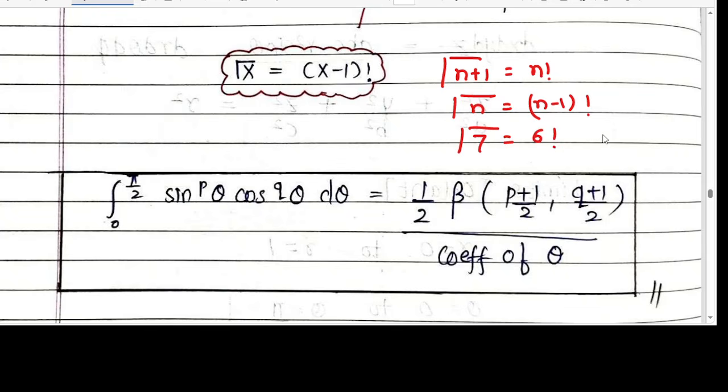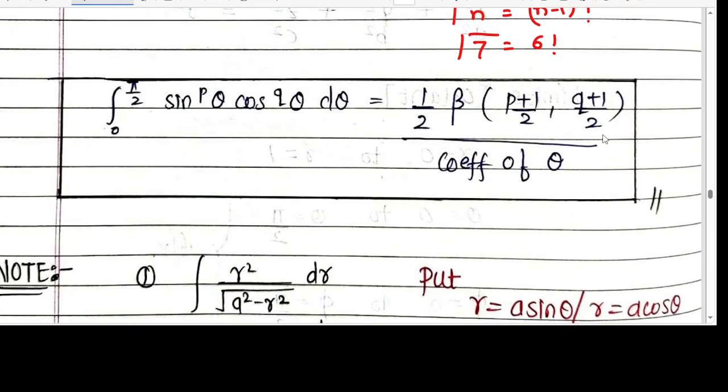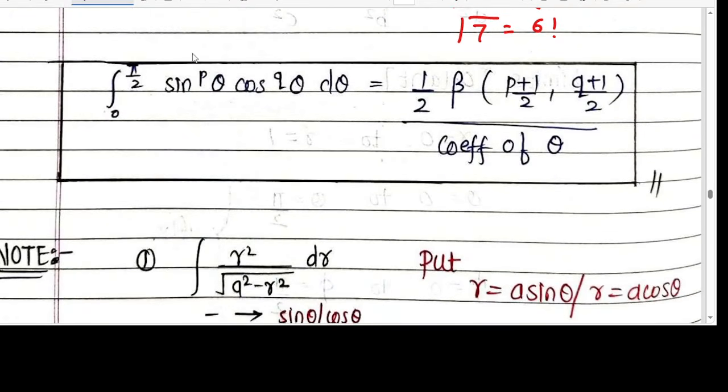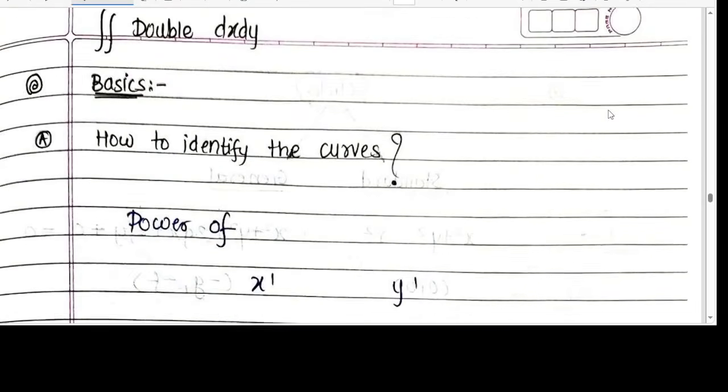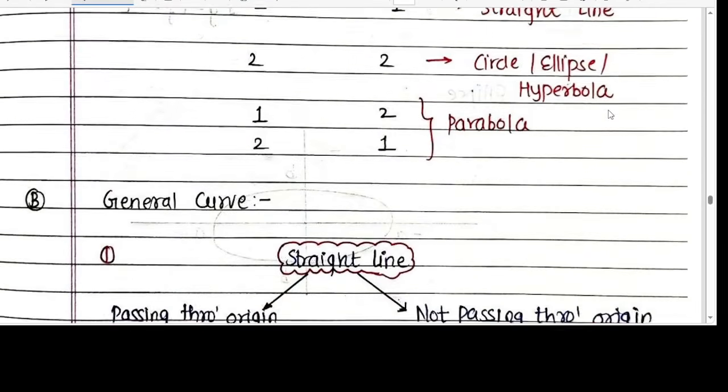Then the most important formula, one of the types of beta function: integral 0 to pi by 2, remember the limit has to be 0 to pi by 2, sine raised to p theta, and this theta must be the same, cos raised to q theta d theta is equal to 1 by 2 beta of p plus 1 whole divided by 2, q plus 1 whole divided by 2. All of you remember, this is a very important formula. The remaining types we have studied in detail in the class.